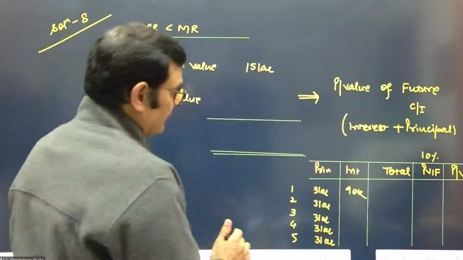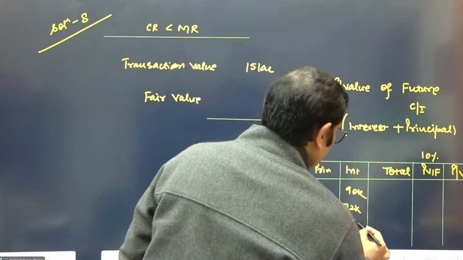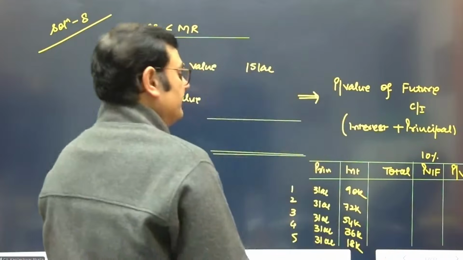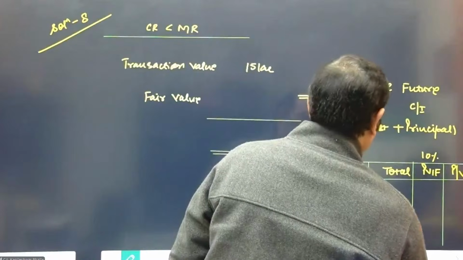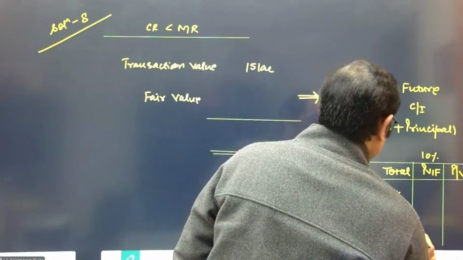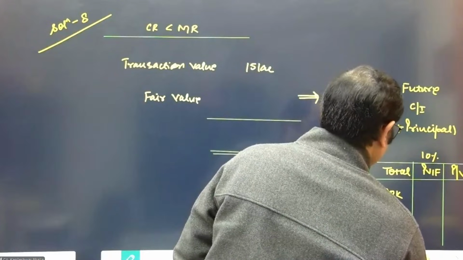Yes, sir. That's right. So this becomes 72, this will be 54, this will be 36, and this will be 18. So the totals are 390, then 372, 354, 336, and 318.